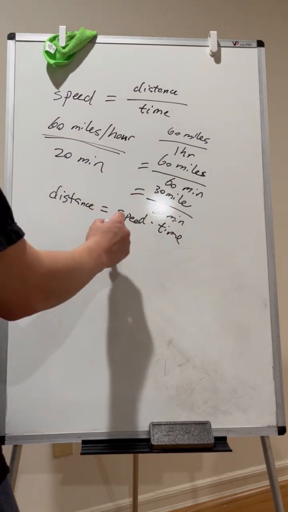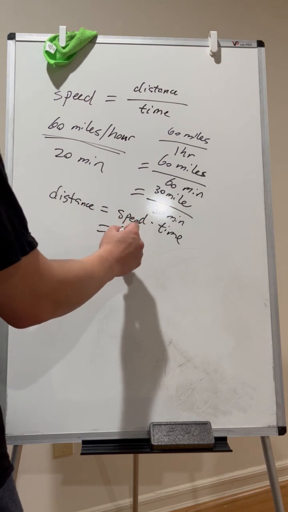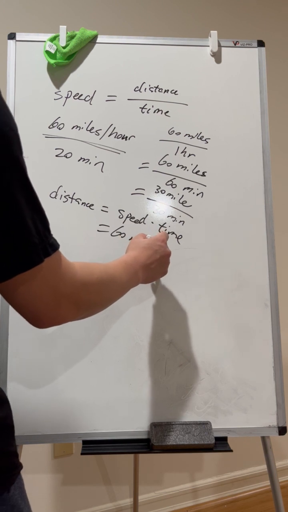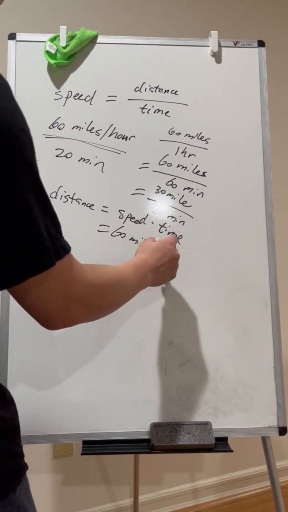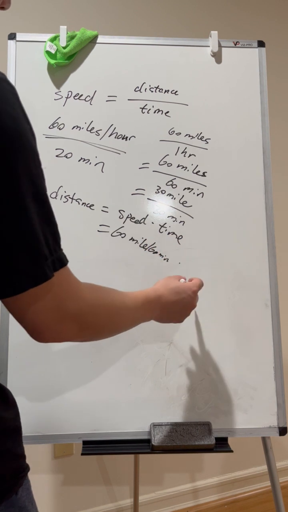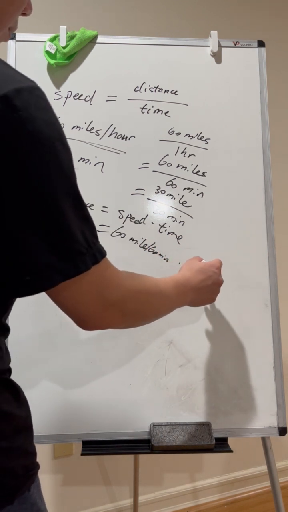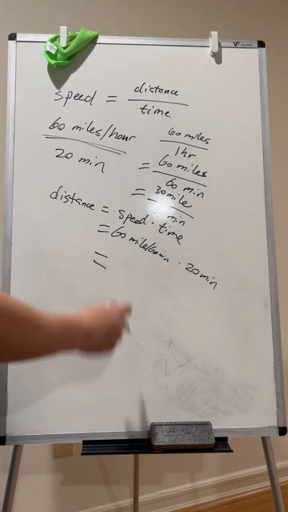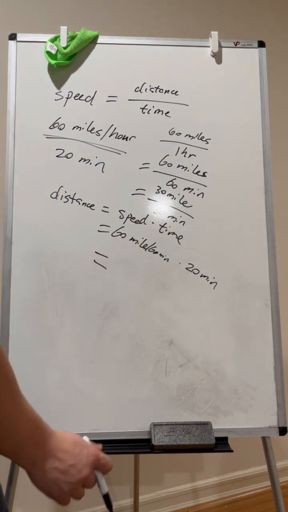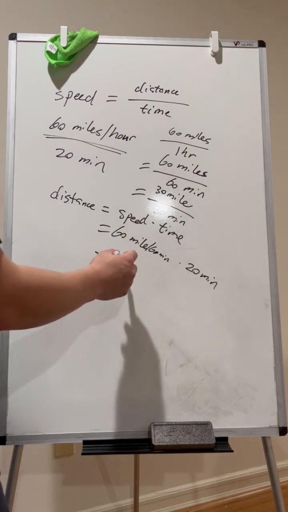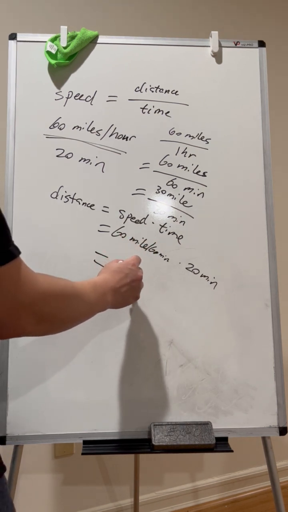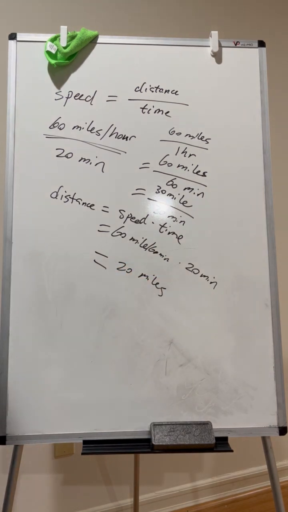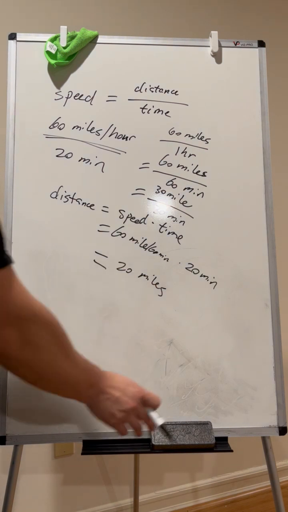So what you do is 60 miles per 60 minutes. Yeah? Times 20 minutes. This is equal to 20 miles. Right?